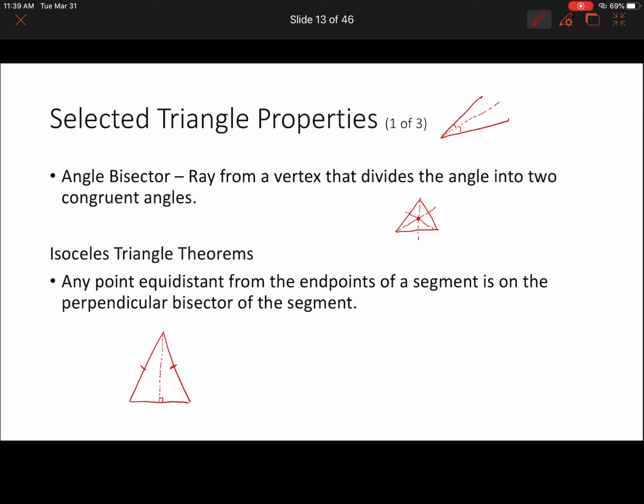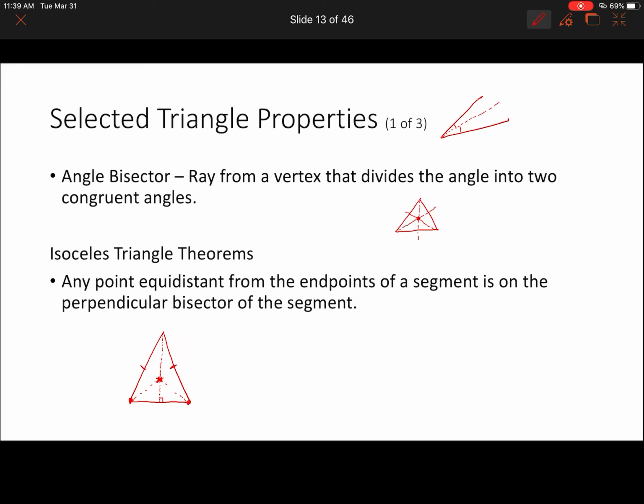The angle bisector here in an isosceles triangle is going to be perpendicular. If it's perpendicular to the opposite side, this is what we call a perpendicular bisector. Okay?